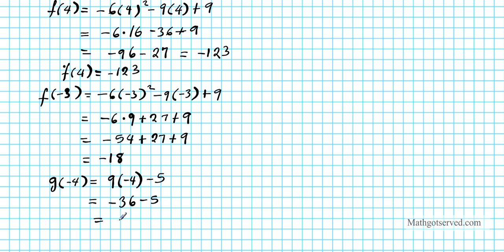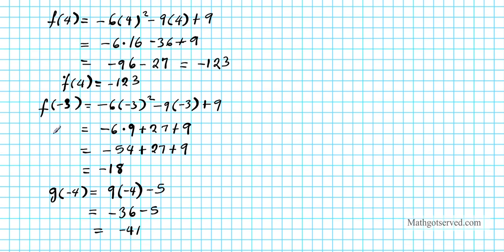Okay, now that we have the value of the three functions evaluated at different points, let's finish the problem off by pulling together our three results. The question originally asked us to find 3 times f of 4 minus f of negative 3 times g of negative 4.